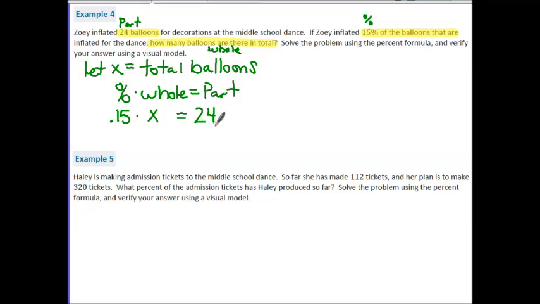So if I solve this equation, I have multiplication between the 0.15 and the X, so we want to solve, we're going to do the opposite operation, which is to divide. And if I do it to one side, I have to do it to the other side. 15% cancels on the top and bottom here, and we're left with X equals 160 balloons.